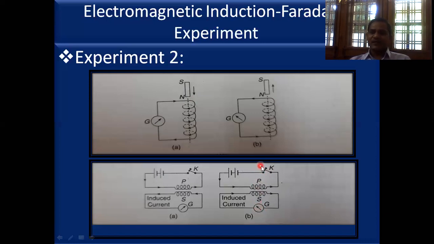So here decreasing current is flowing in this primary coil, so decreasing magnetic flux is forming around it. The magnetic flux linking with the secondary coil is decreasing with time. Therefore, we are getting the deflection in the galvanometer. Okay, so these are the experimental results observed by Faraday.